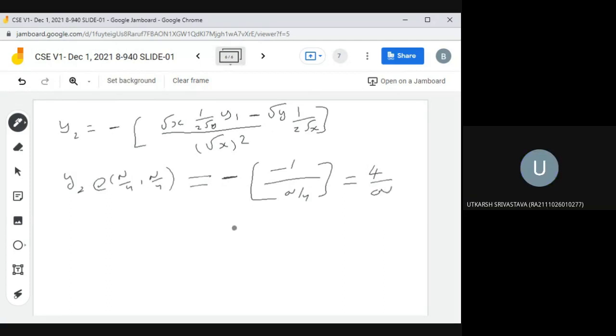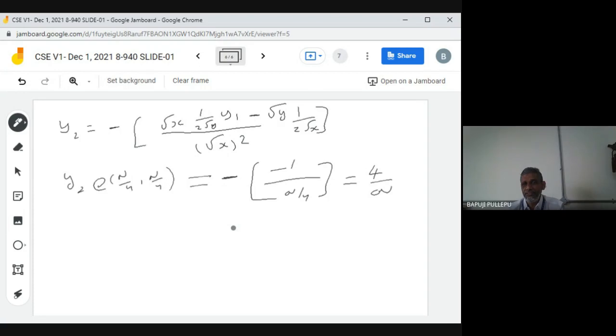Now what is the y1 value? -1. y2 is 4 by a. Keep in mind, slowly you can find out who is x bar. x minus y1 into 1 plus y1 square, whole divided by y2. Whole divided means for this term only, there is no division for x and y2.